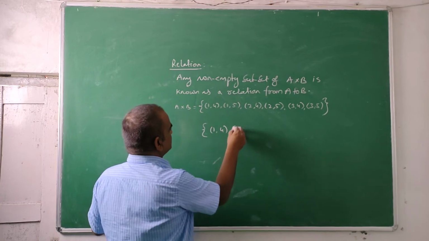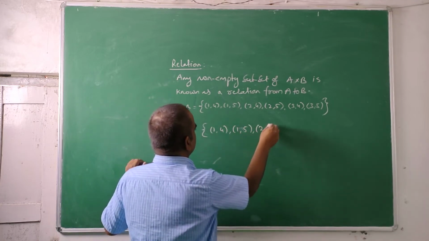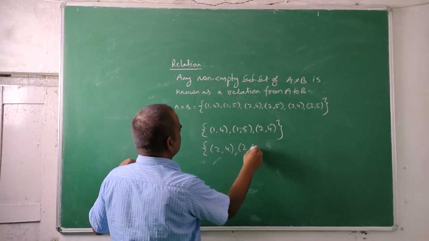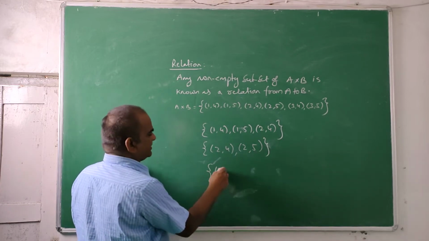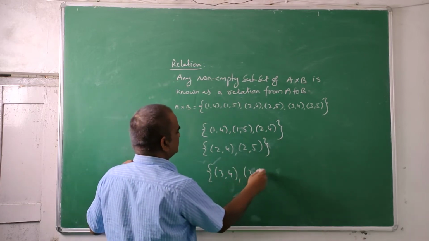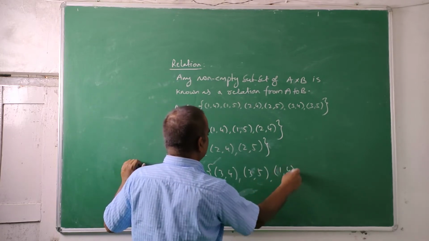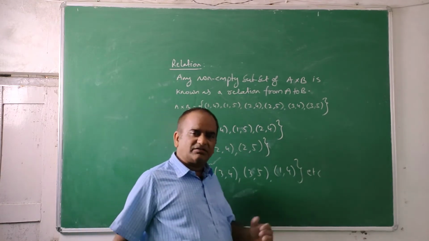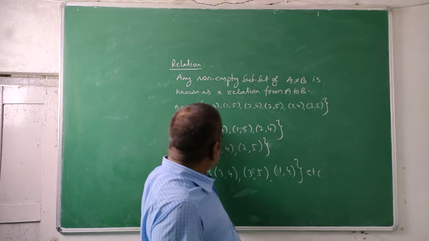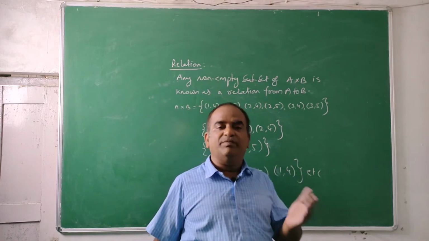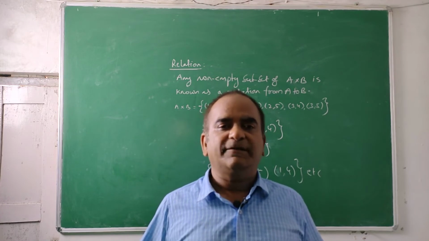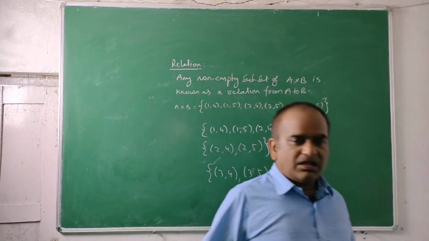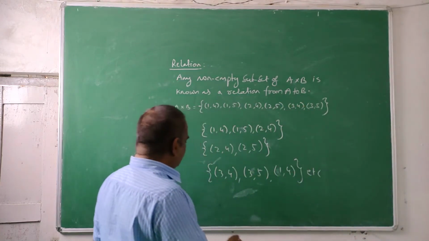So, this is one subset. This is another subset. So, another subset of A cross B, etc. These all are subsets of A cross B. So, these all are relations from A to B. A subset of A cross B will be a relation from A to B. Now, you can take a note.